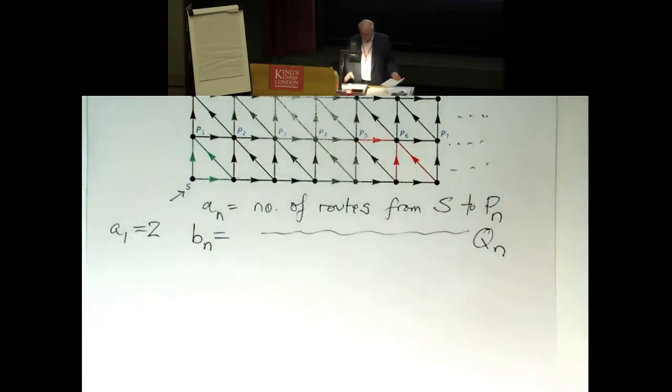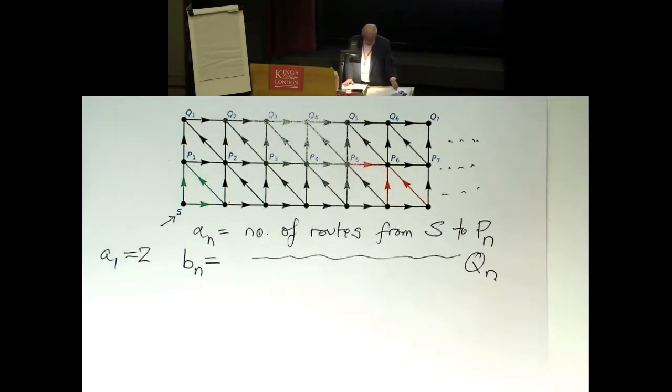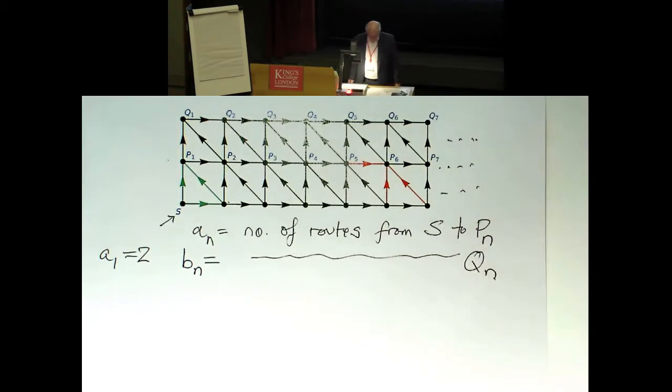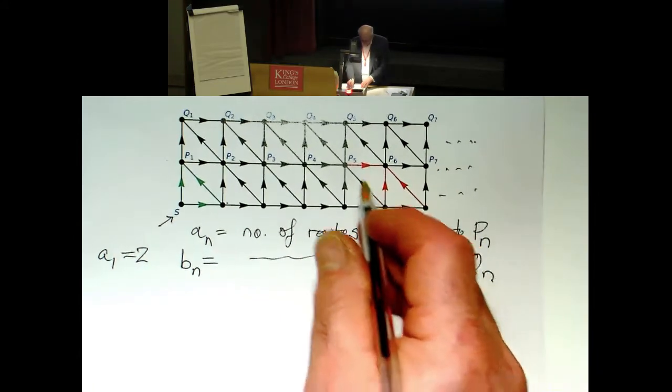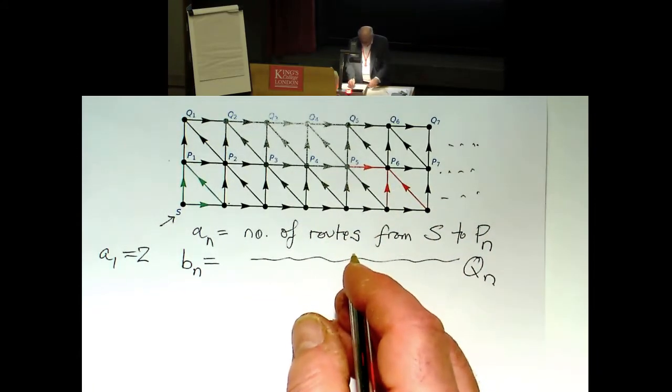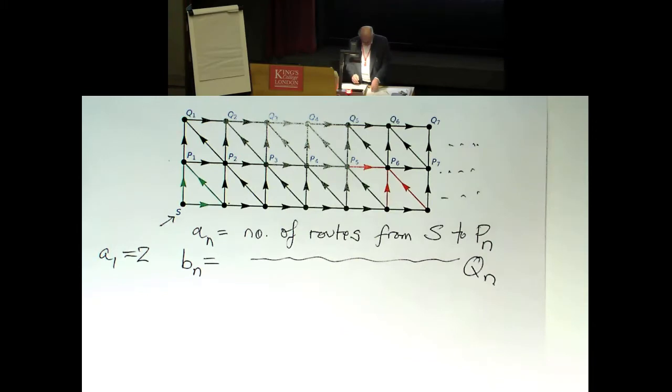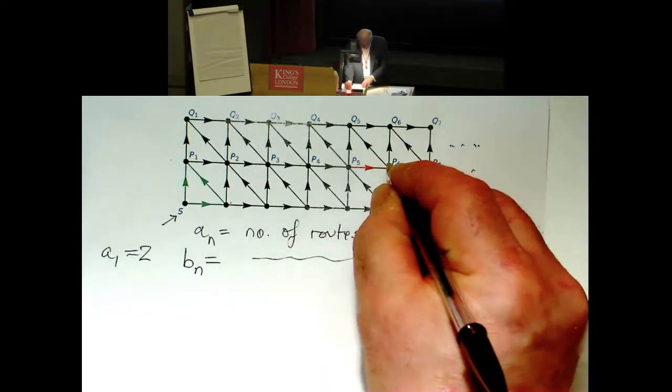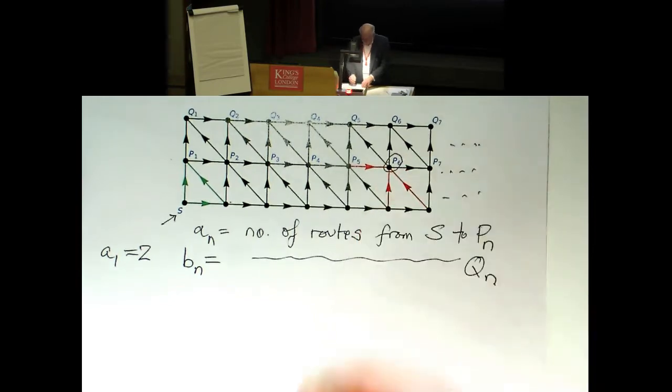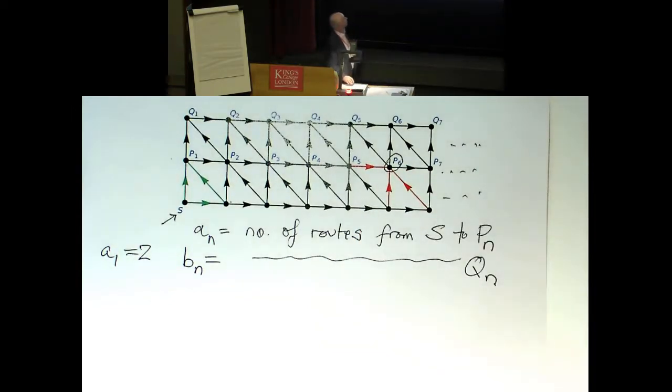So how do we do that? Well, let's look at, this is coloured red, this bit, because I'm actually trying to look at P5. No, P6. So let's study P6. Let's just do an example. How can we get to P6? Okay, well, to get to P6, we need an incoming arrow.